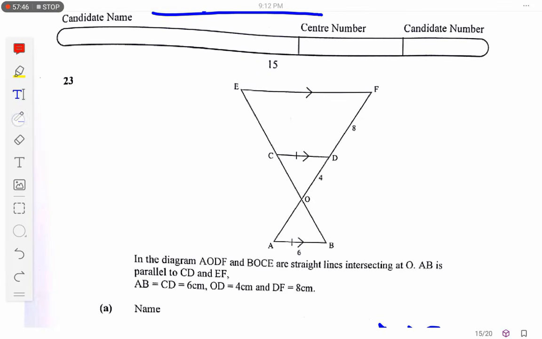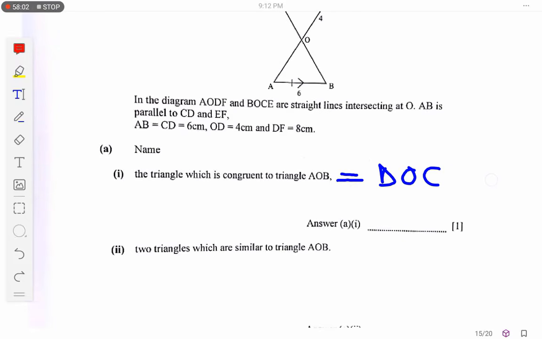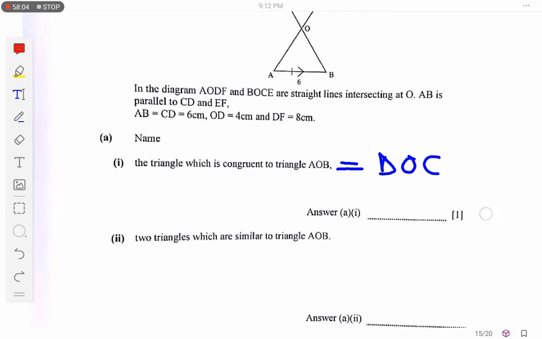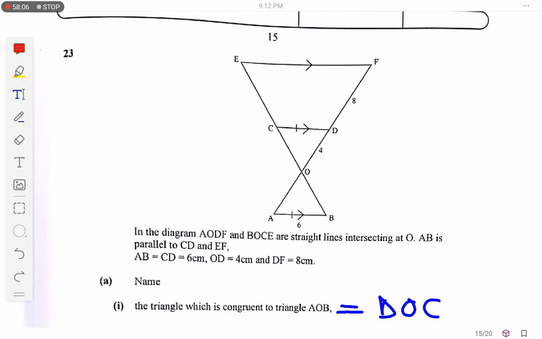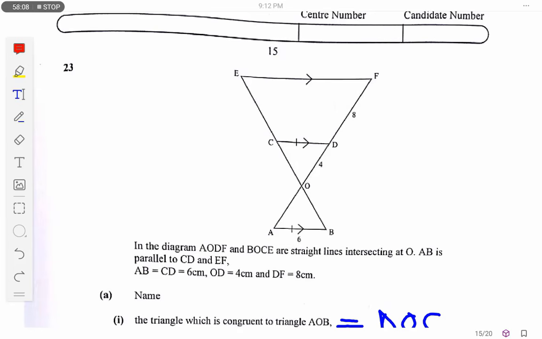So the other thing that we should also take note of are these lines. They mean they are parallel. Then the other one is that they are equal. Those are some of the factors that we should also take note of. Then the next question is asking for two triangles which are similar to AOB.